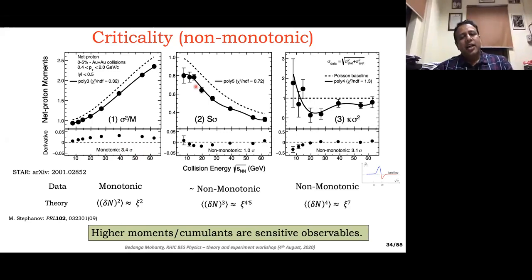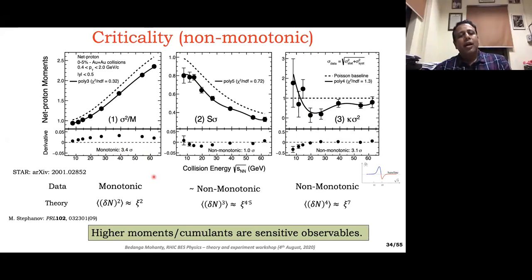A similar exercise for S sigma tells us that it's non-monotonic at a level of 1 sigma. But as soon as we go to a higher order moment, this was second order, third order, now we go to higher order moments, which involve kurtosis, we find it's non-monotonic, the derivative changes sign, at a level of 3.1 sigma over this beam energy regime.